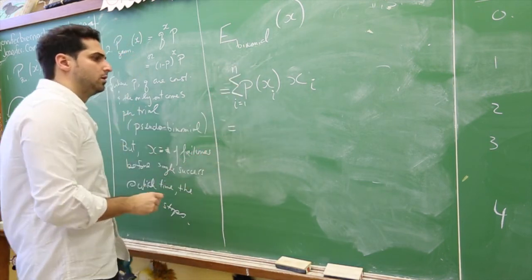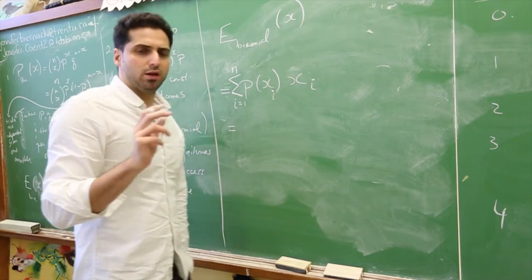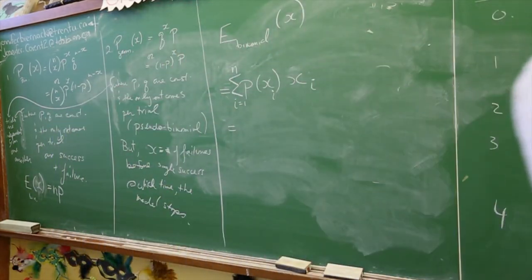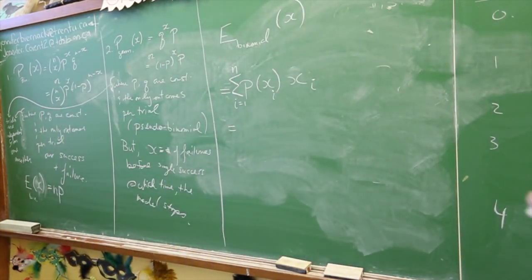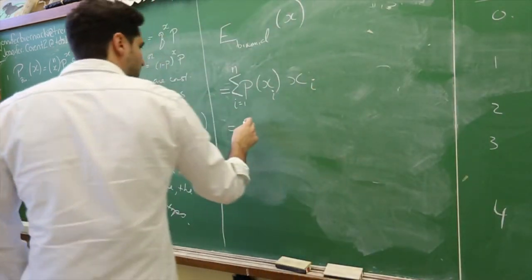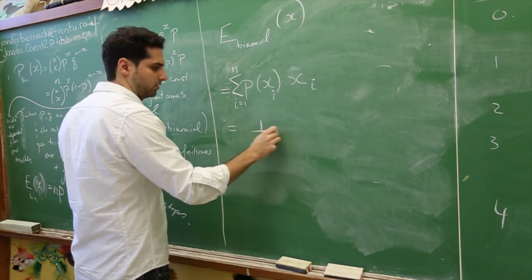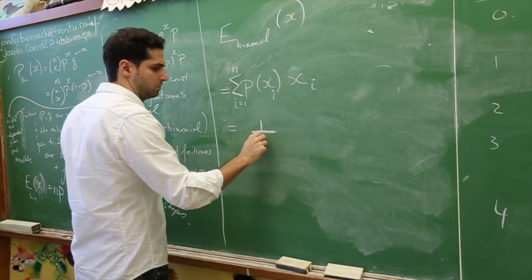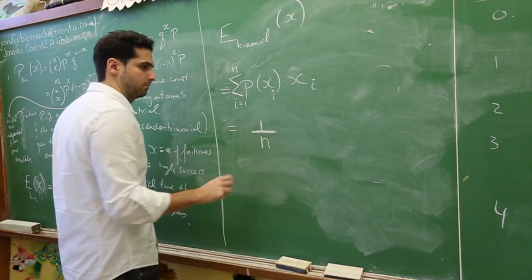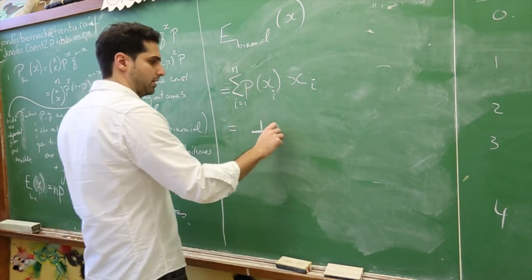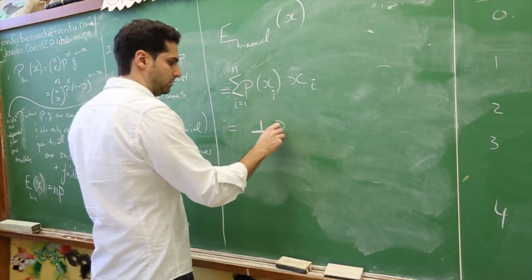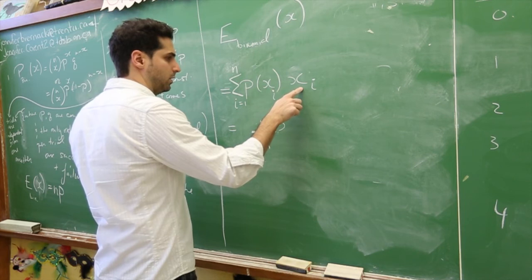So, in your first trial, what is your probability of success? It's going to be 1 over n, isn't it? And then you're going to have n minus 1, x1.